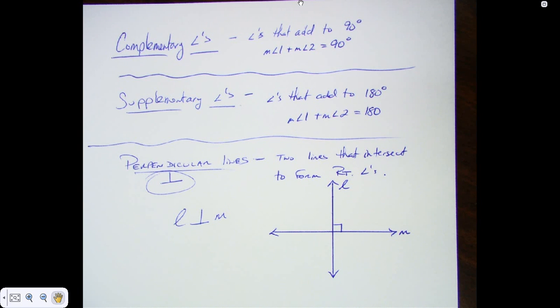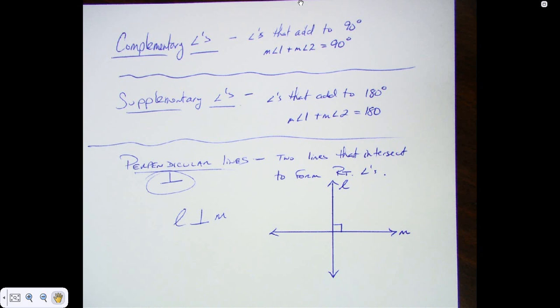Why is that? Because they add to 90 degrees. Does the word help you there? Complement. What's the only thing I'm leaving off there? Complement, I. So the complement is always the angle.